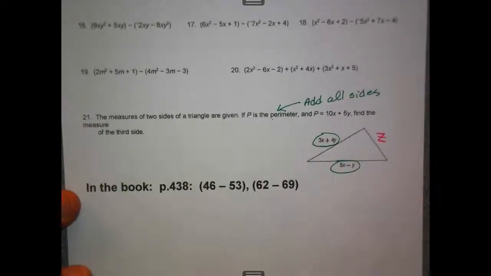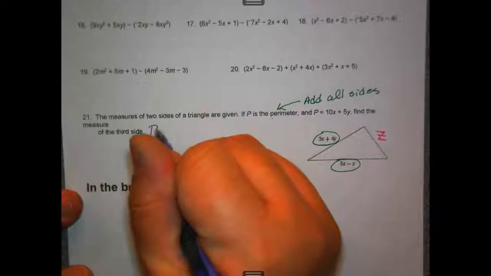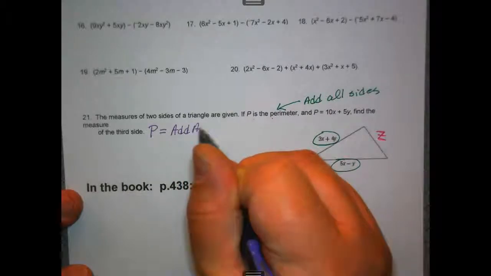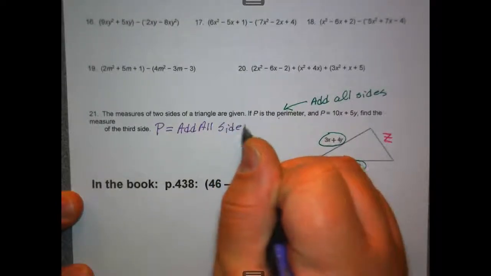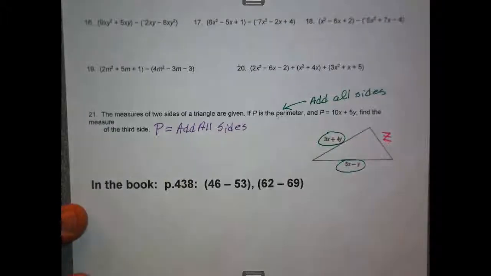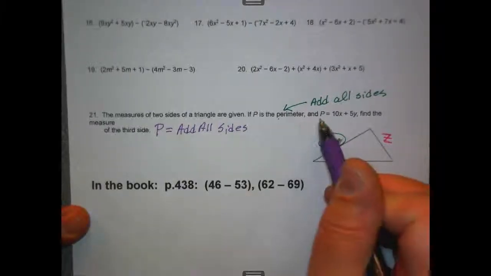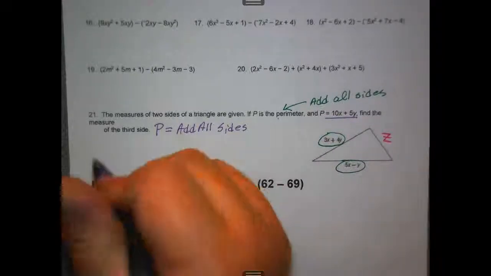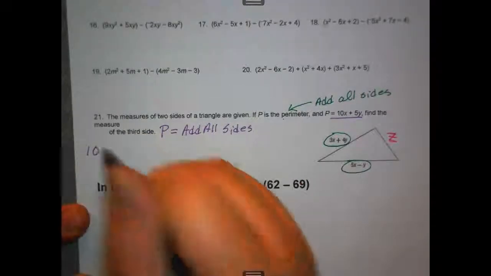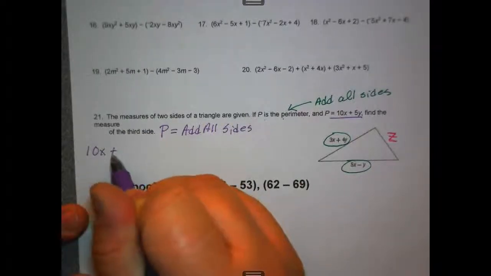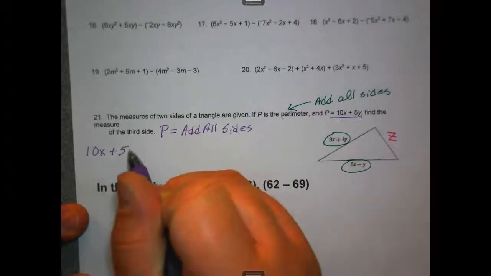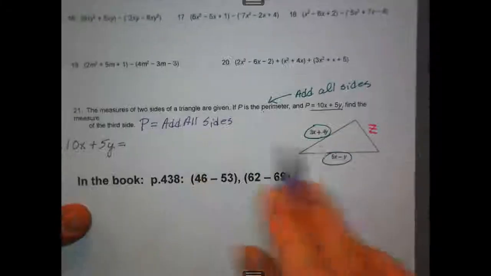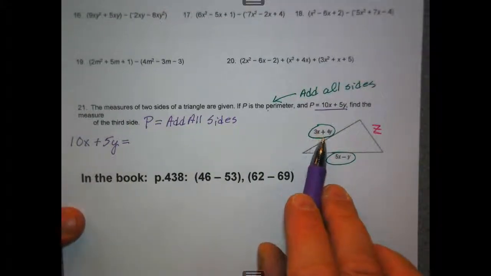Okay, so my perimeter, like I said, the formula for perimeter is add up all the sides. What's my perimeter again? 10x plus 5y, right? So my P is 10x plus 5y equals, I'm sorry, 3x plus 4y.